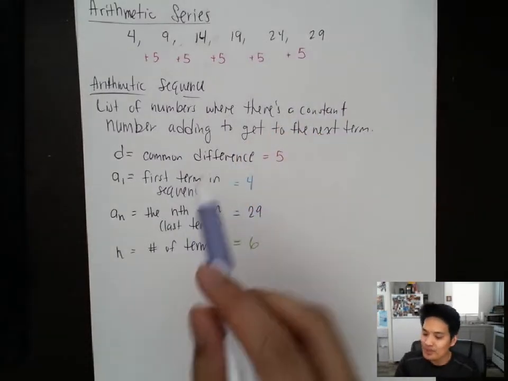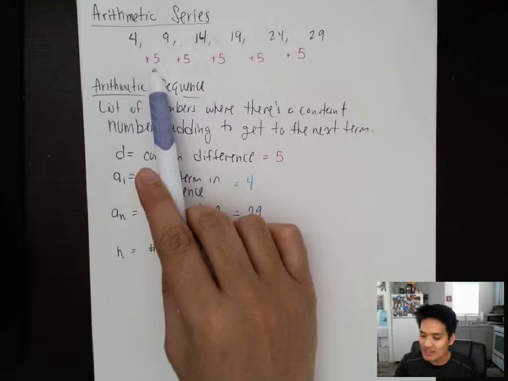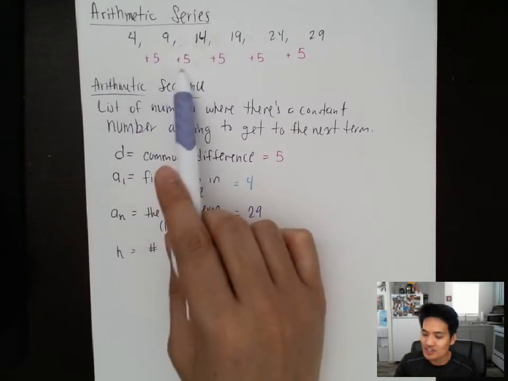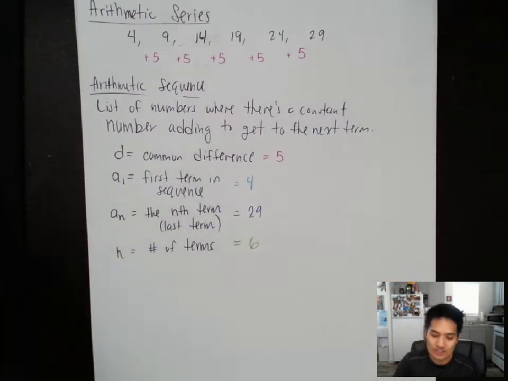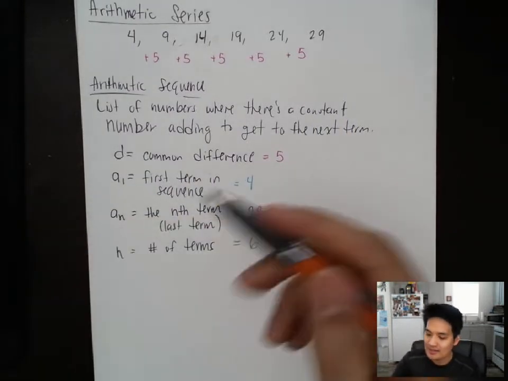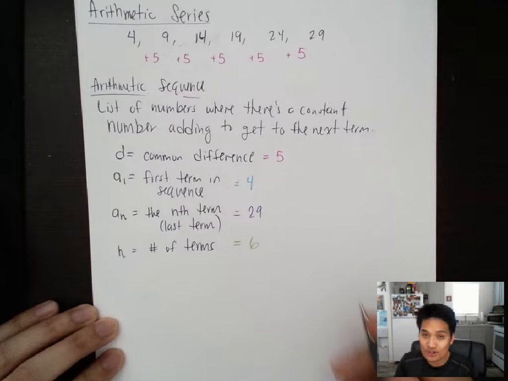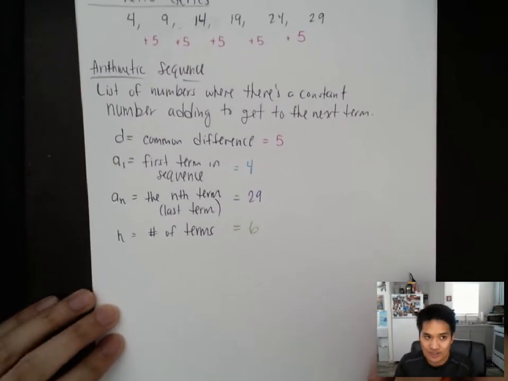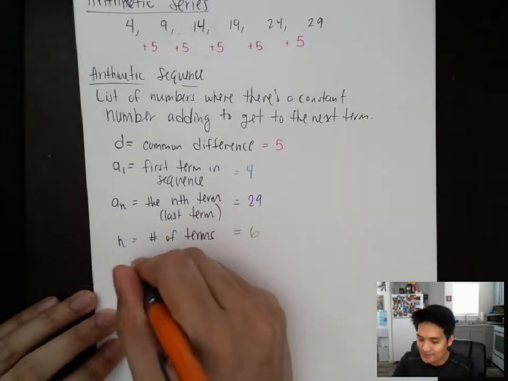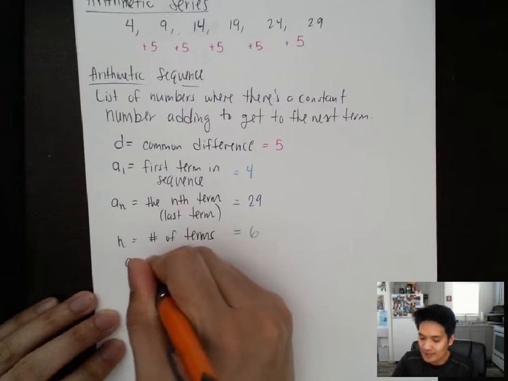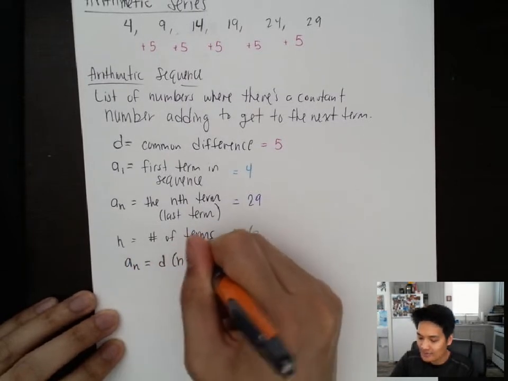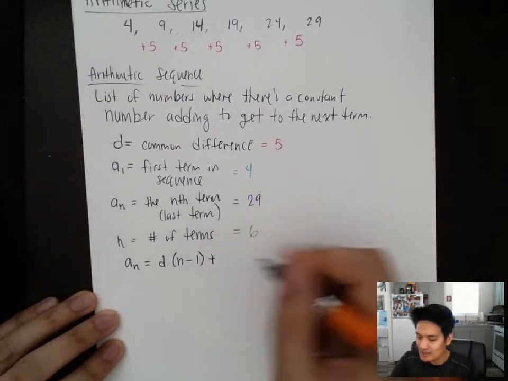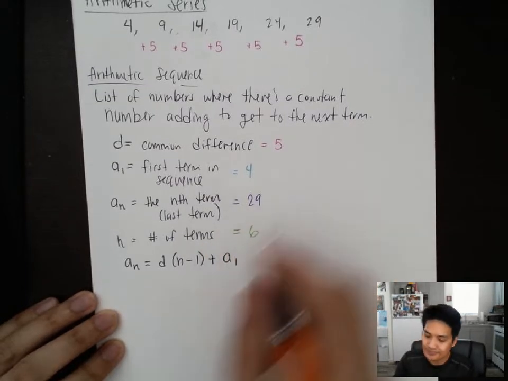Now, because there's a constant number I'm adding each time, you can think of this as like the slope. If I wanted to relate these components to create an equation for our sequence, we get this: A sub n equals D times (n minus 1) plus A sub 1.